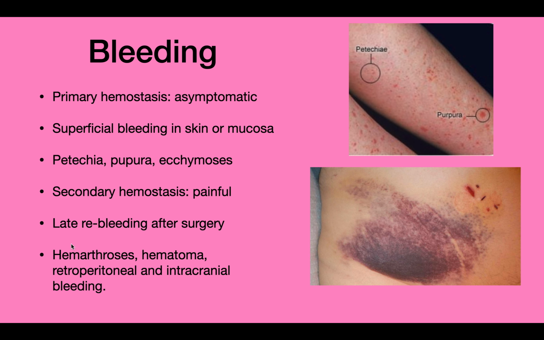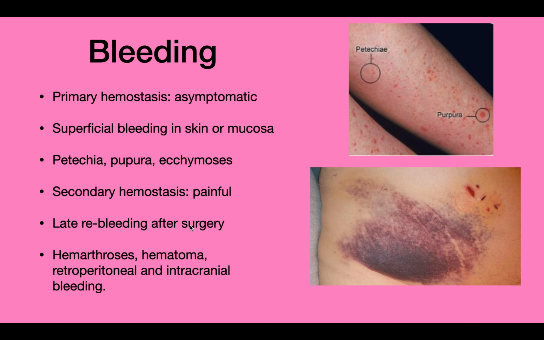In some cases, that can occur like late rebleeding after surgery. So after a trauma, surgeries are considered trauma. The capillaries can be overworked when the body's trying to send too many nutrients and cells to repair the site of trauma.